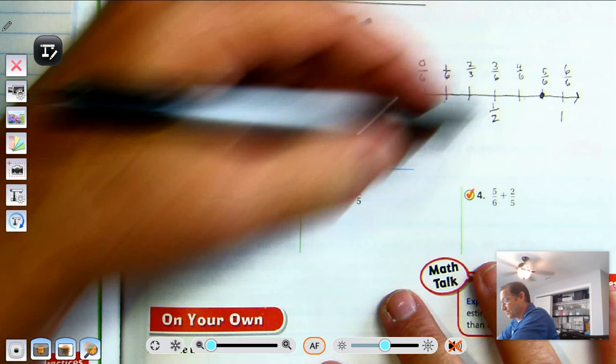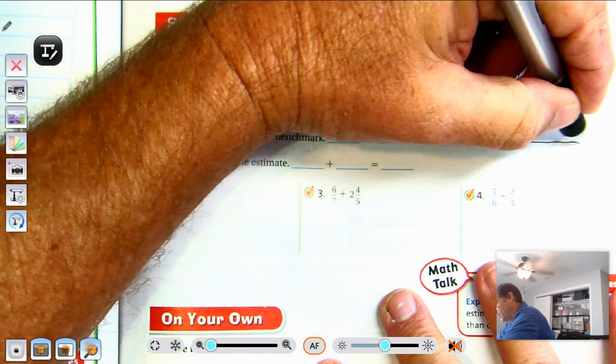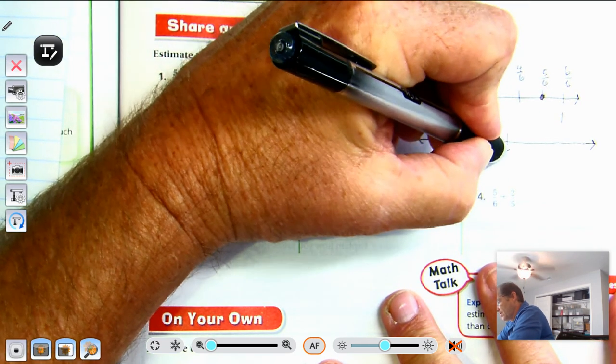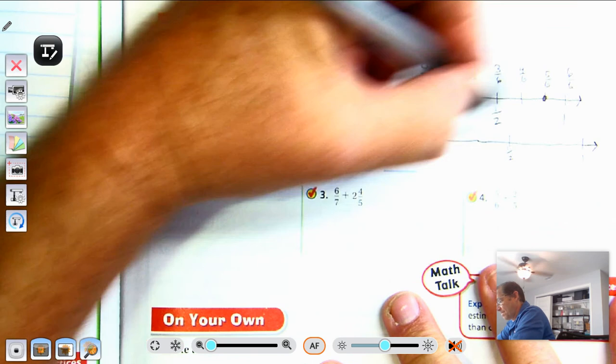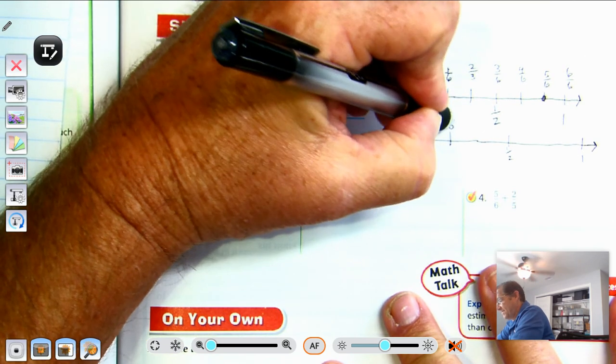3/8. So again, if we were doing a number line, this time we'd have eighths.